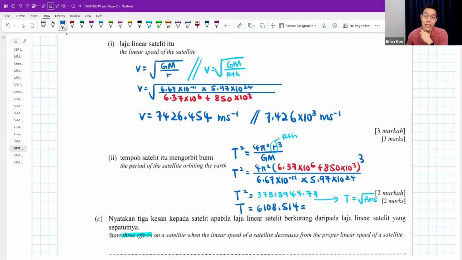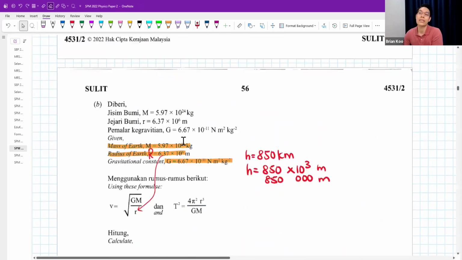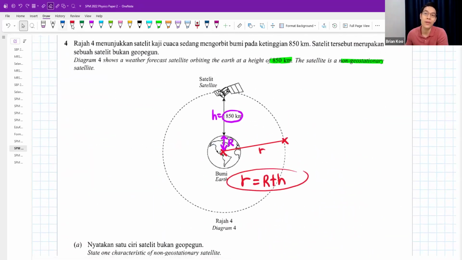The reason why a satellite can keep on going round and round in a circle is because it is traveling fast enough. Let's say here we found out the speed is 7,000 something, 7.426 times 10 power 3, which means 7.426 km per second. Okay, that's what we calculated, 7,426 meter per second, which is the same as 7.426 km per second.